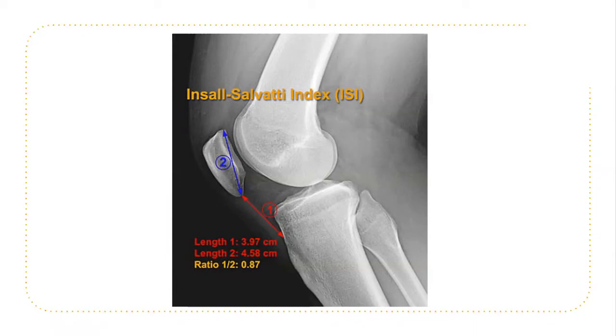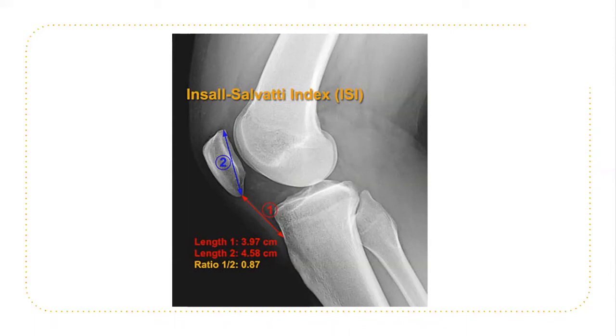Whenever the Insall-Salvati index differs, it may cause patella alta or patella baja. In patella alta, the Insall-Salvati index is more, above 1.2, which causes instability of the patella, which may cause either subluxation or recurrent subluxation of the patella, and the second reason is chondromalacia patella.